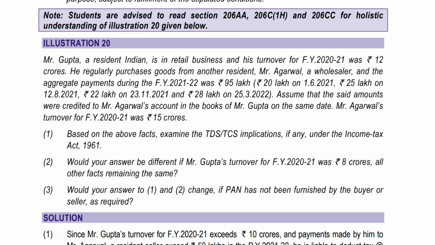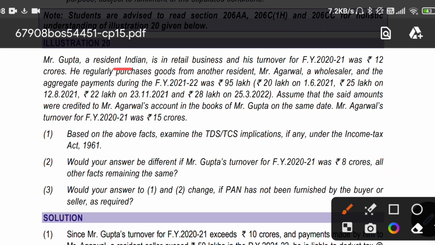Next is illustration 20. Mr. Gupta, a resident Indian, in his retail business, turnover was 12 crores. Okay, so if turnover is 12 crores, that is more than 10 crore, 194Q will be applicable, right? And the payer will be any person, that is the buyer, who will buy the goods and pay, and the payee can be any resident person who is a seller.